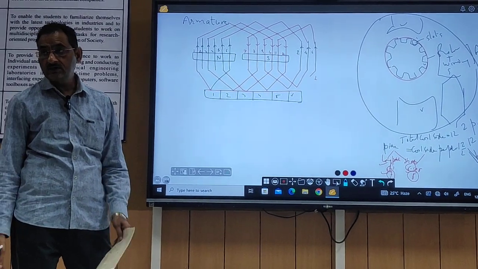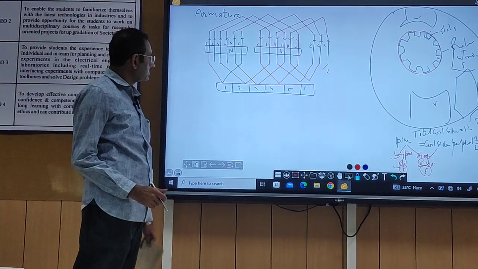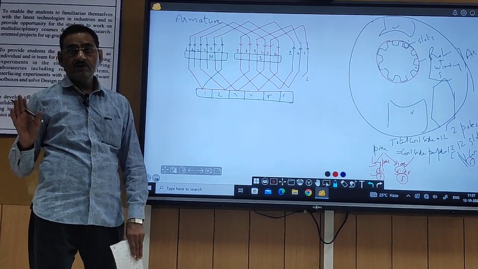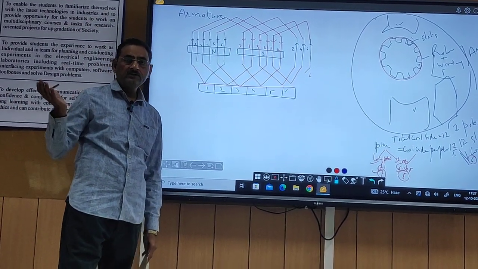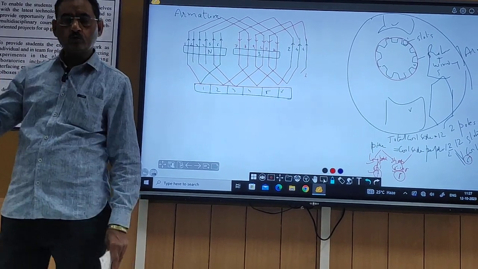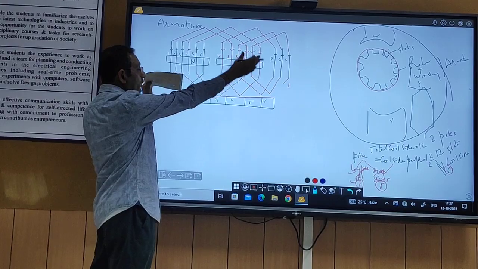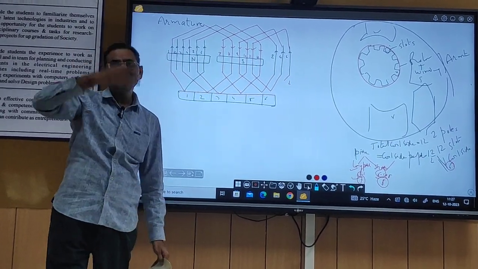Now understand it again, otherwise you will have difficulty later. There is one positive brush and another negative brush. This is the armature, and this armature is rotating.